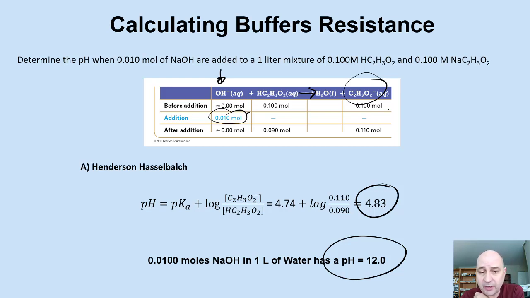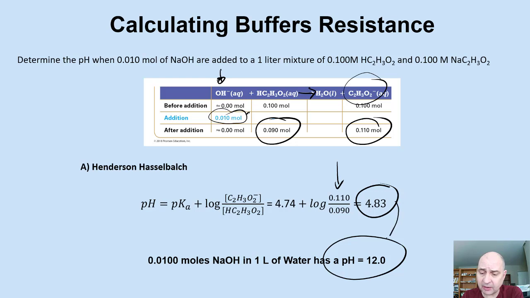So this goes up by 0.01 moles. Okay, so there's your ratio. And then I would just use the Henderson-Hasselbalch equation, make adjustments to the volumes, the moles, that ratio, and calculate the pH that way.